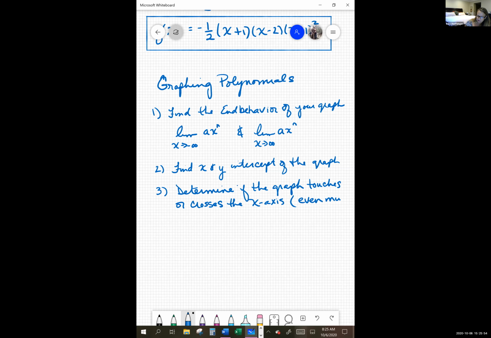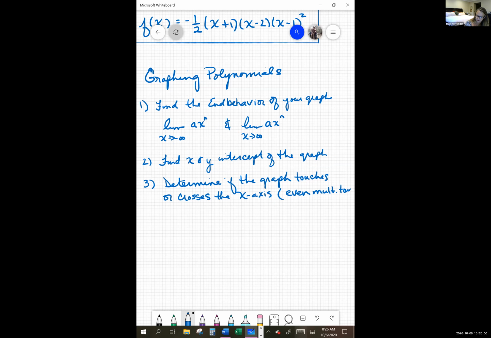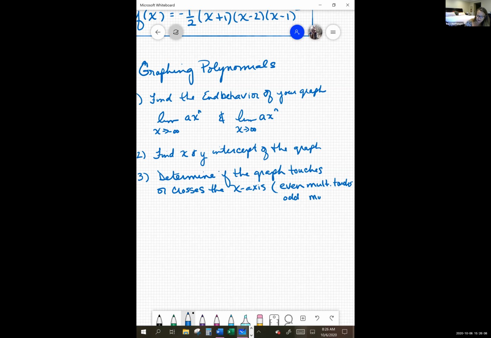Even multiplicity, it touches. Odd multiplicity, it crosses.